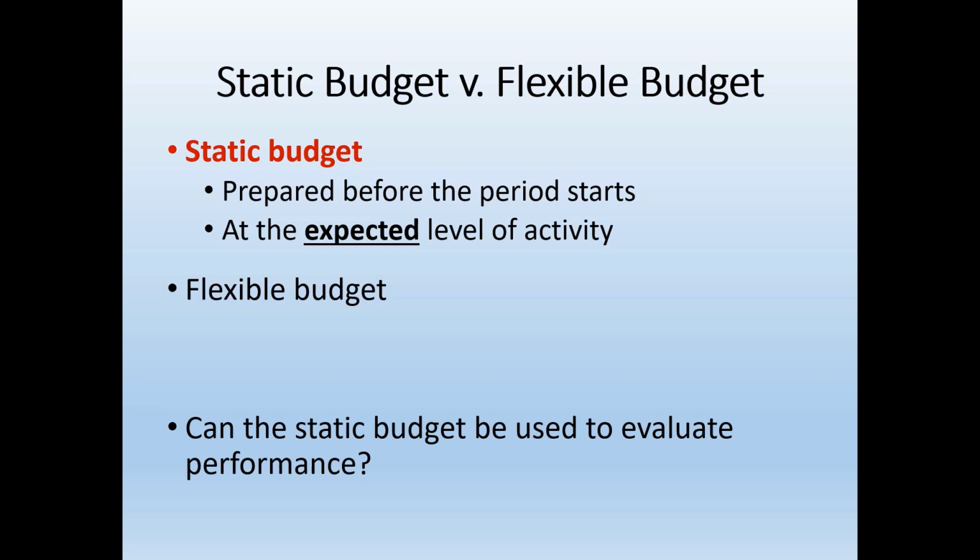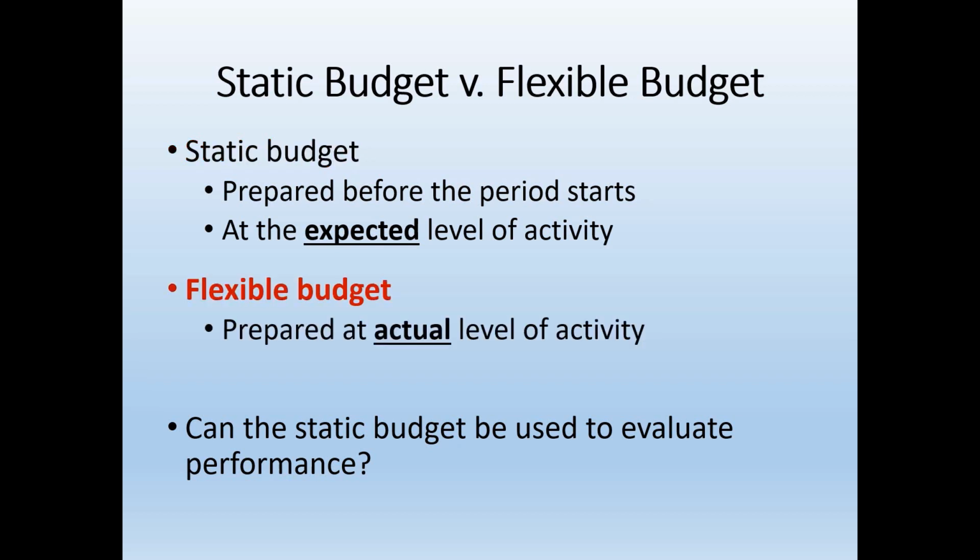Once the period's over, we can prepare a flexible budget at the actual level of activity. If we want to, we could also prepare a flexible budget at any other activity level. For example, if we wanted to do some sensitivity analysis.